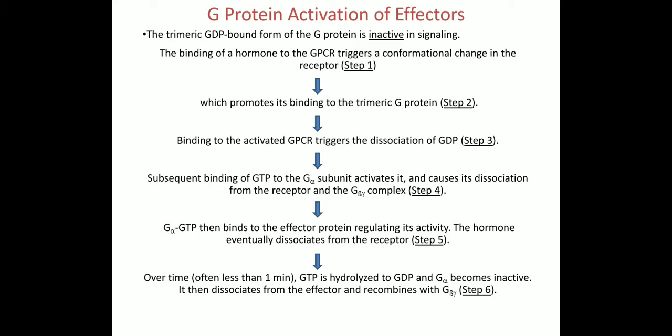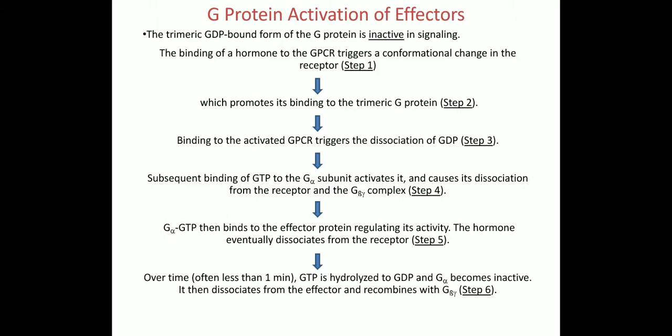Next, the steps included in the G protein activation effect. The trimeric GDP bound form of the G protein is in the inactivated stage. During intracellular signaling, the beta and gamma subunits remain bound together and are usually referred to as the G beta gamma subunit.